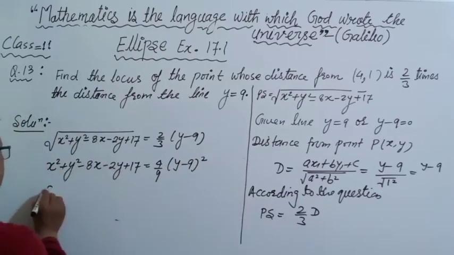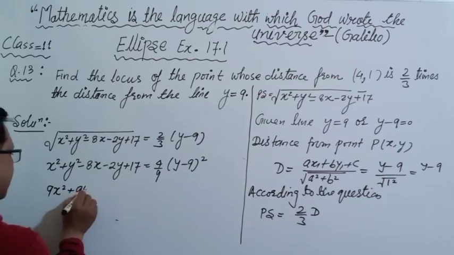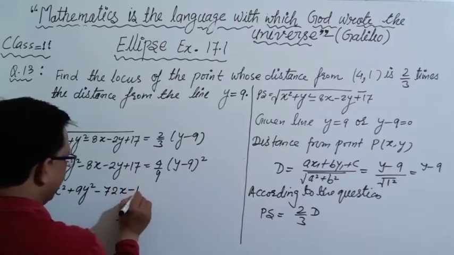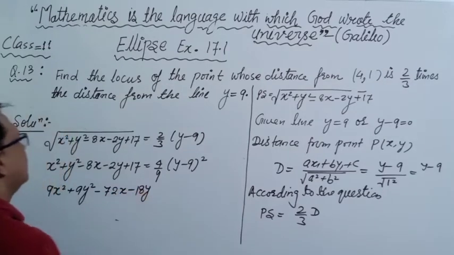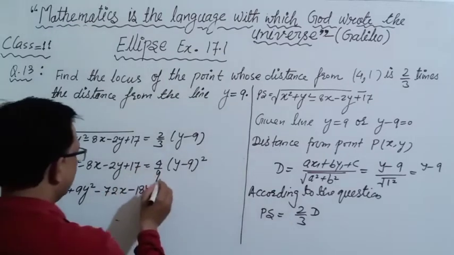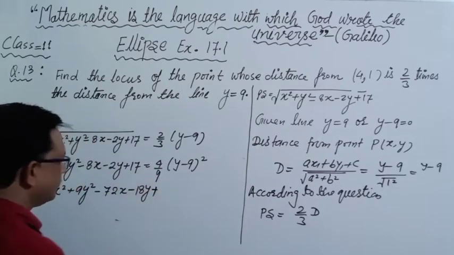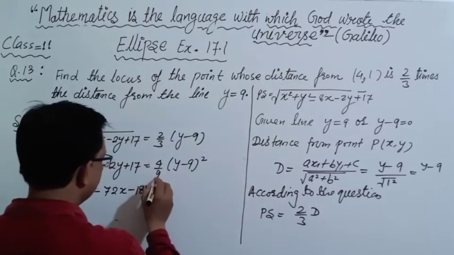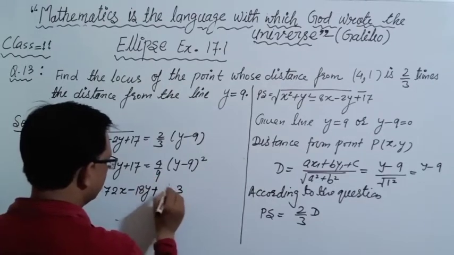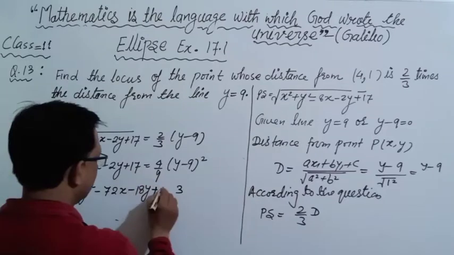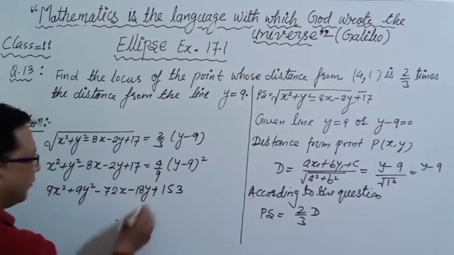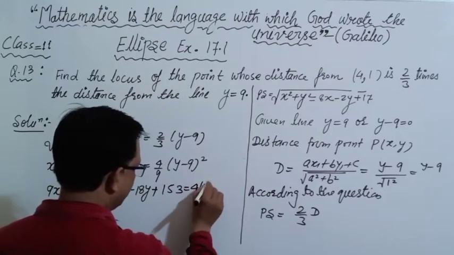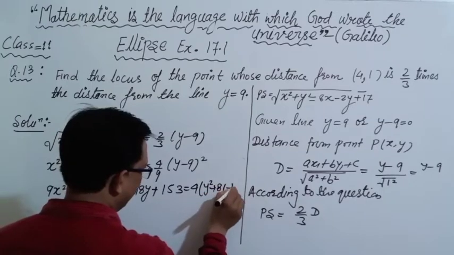Cross multiply this, so this is 9x square plus 9y square minus 72x minus 18y plus 153, since 17 times 9 is 153. And here we open the bracket: y square plus 81 minus 18y.